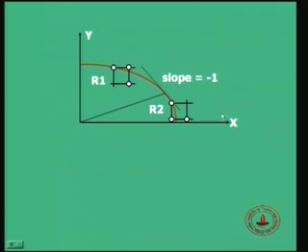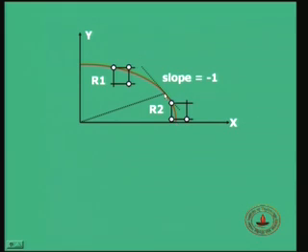As you see here, the slope is equal to -1 at the demarcating point between region R1 and R2. The points on the curve from the y-axis to this point lie in region R1, and from this point to the x-axis lie in region R2.